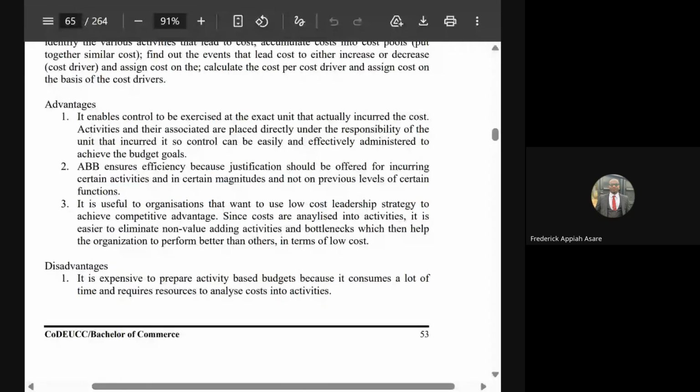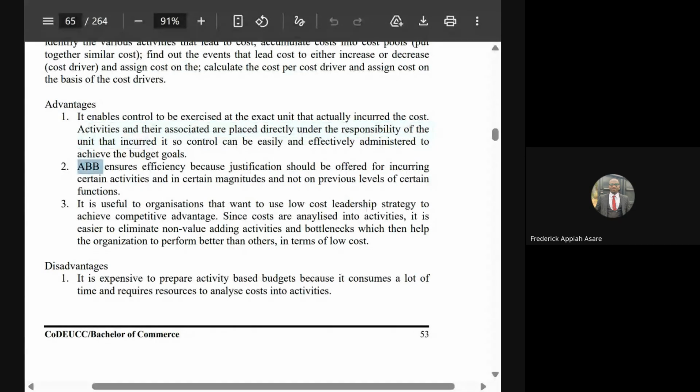The advantage of the activity-based is that it enables controls to be exercised at the exact unit that actually incurred the cost. You realize that the activity and the associated cost are placed directly under the responsibility of the unit. If this unit is responsible for the activity, it will be placed under it. So it will enable us to control all the expenses, or how they are using our money.